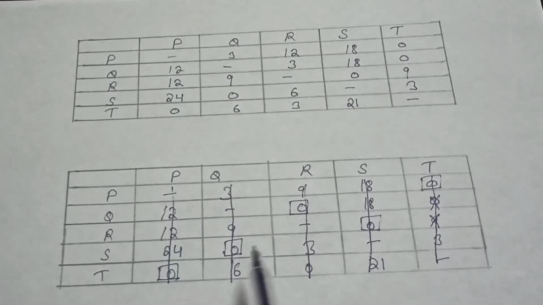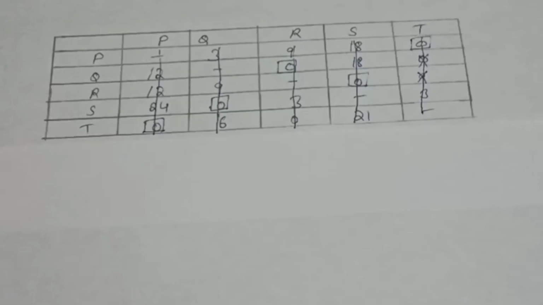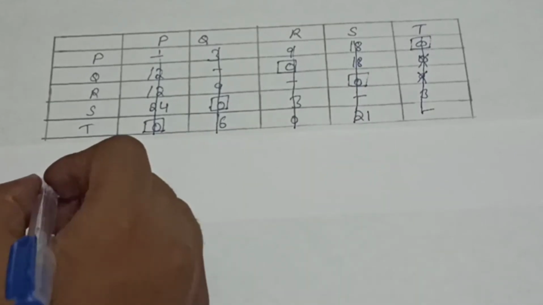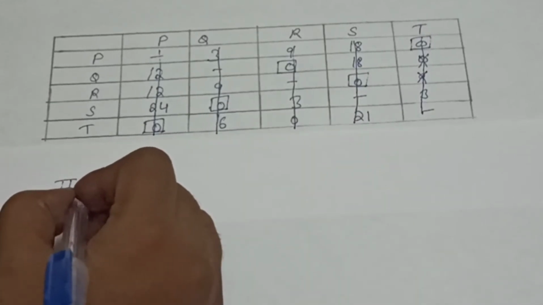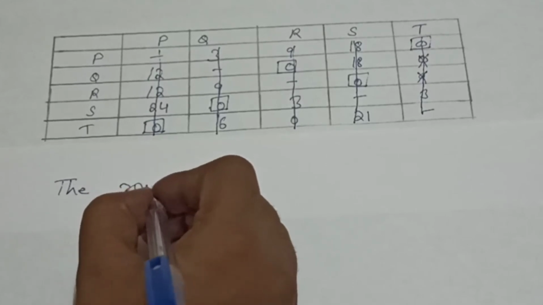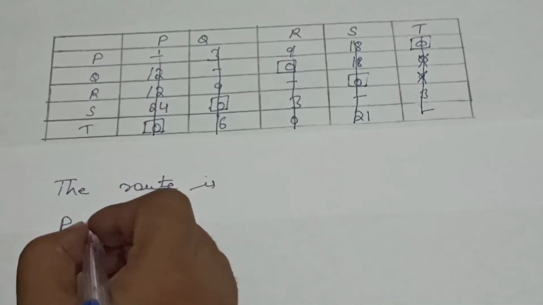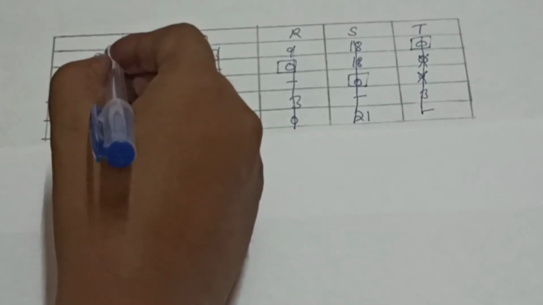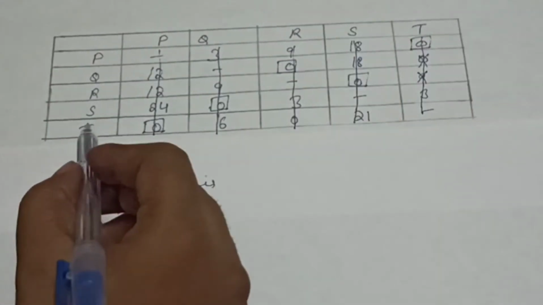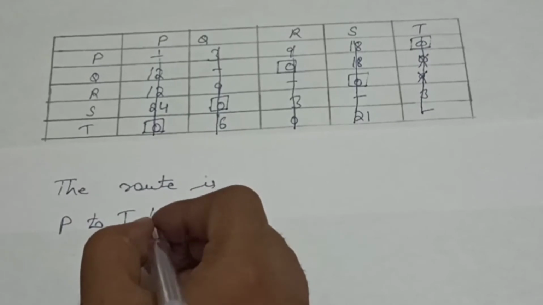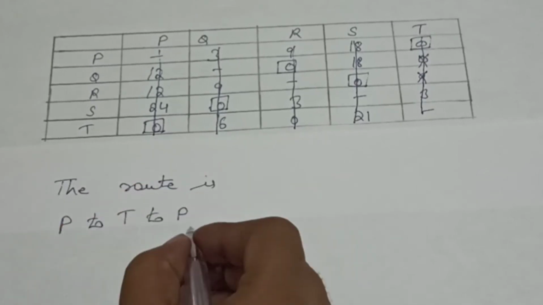Now we will select our cities. So you can see our solution is optimal and our route is like this. P to T, as you can see, P to T city and then T to P city. So this is our first route.